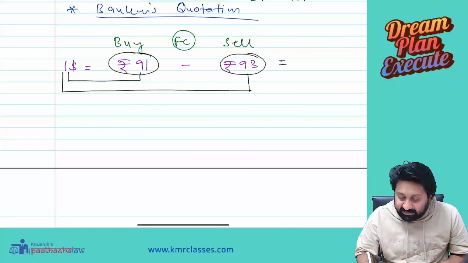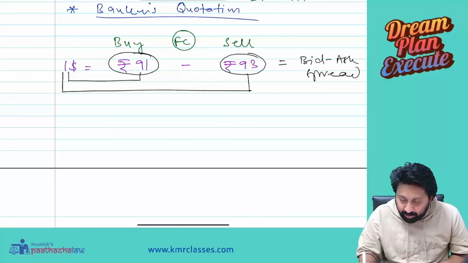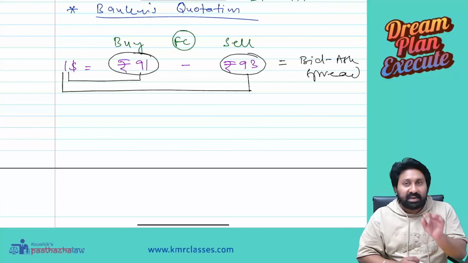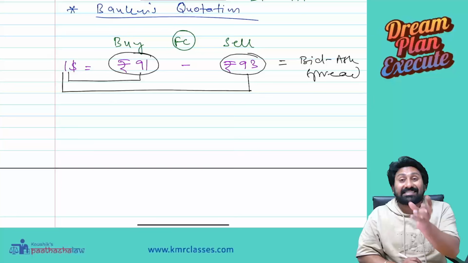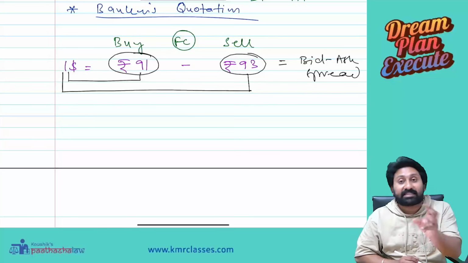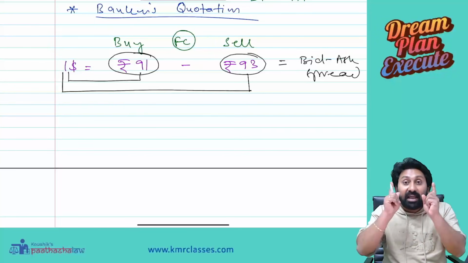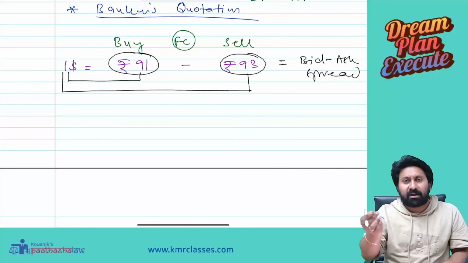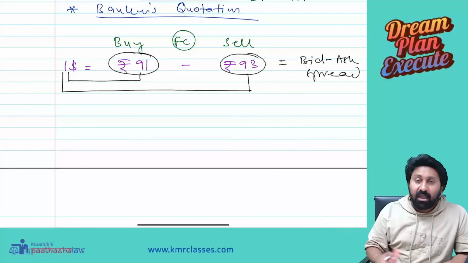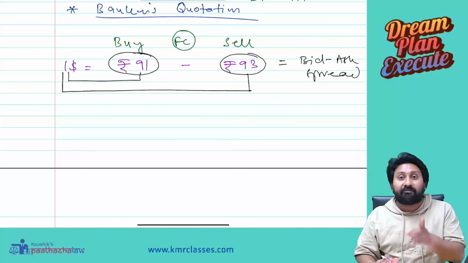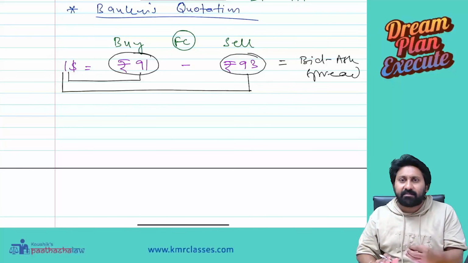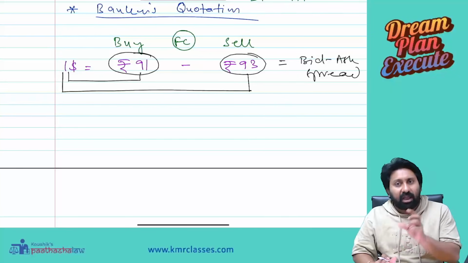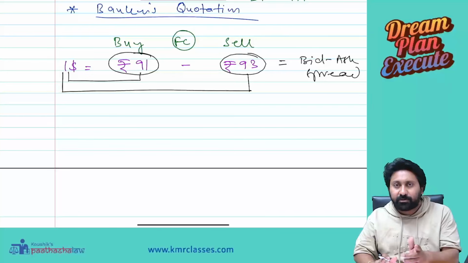That is called the bid ask spread. What is the bid ask spread? It is nothing but the difference between the selling price and the buying price in a given quotation. We always call that the bid ask spread or ask bid spread. The ask rate can also be called the offer rate, but most of the time the study material uses the word ask rate, so I am also not deviating from what the institute is using.